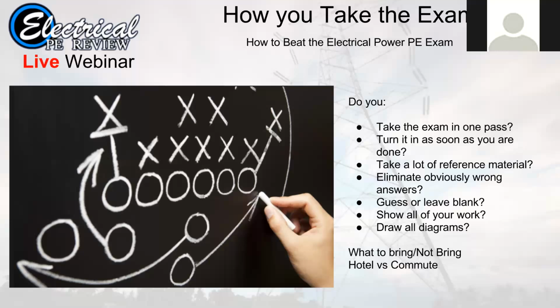Say we're doing a per unit problem and we're working in per units throughout, and the last question is find the total current. Say the per unit value is like 2, and then when we multiply it by the base to get the actual amps, say it's like 5, they're going to put that 2 as A, B, C, or D, and they're going to say 2 amps.